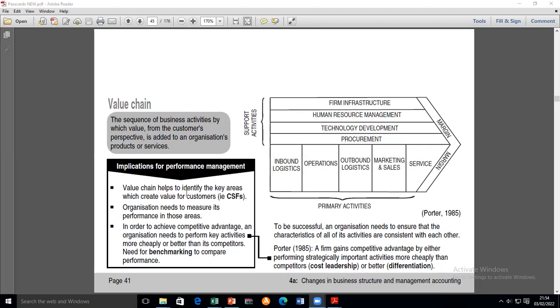So this issue of models helping us identify critical success factors is not only limited to the value chain. It can also be applied to many other models, Porter's 5 forces, SWOT analysis, and all those, as you subsequently see.